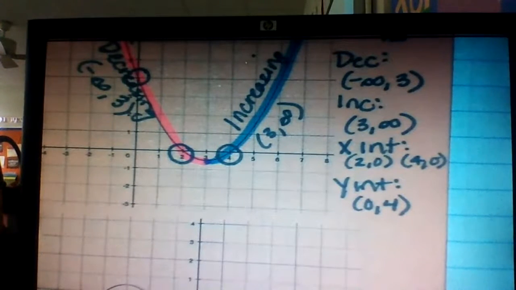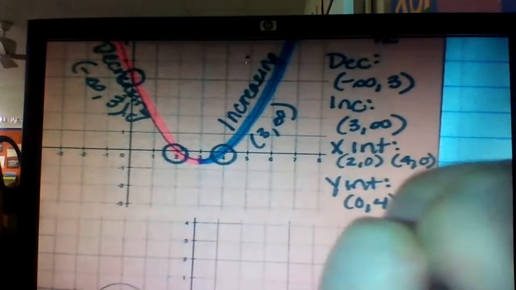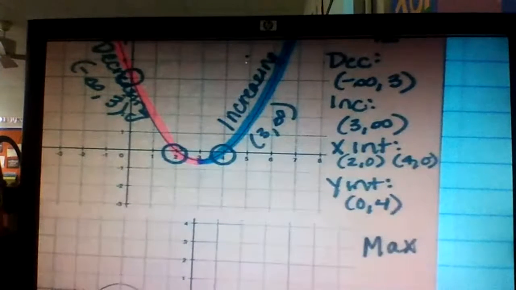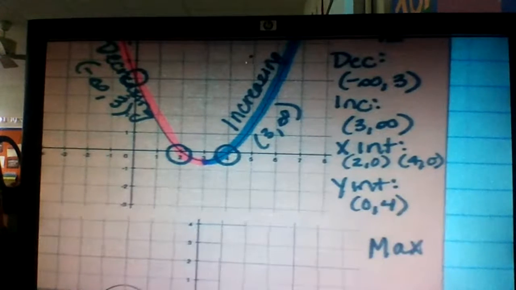While some people are finishing up, take a look at the next one. Do I have a max or a min? This one is a maximum. Where is my maximum? How high does it go? It goes up 2.5. Positive 1/2.